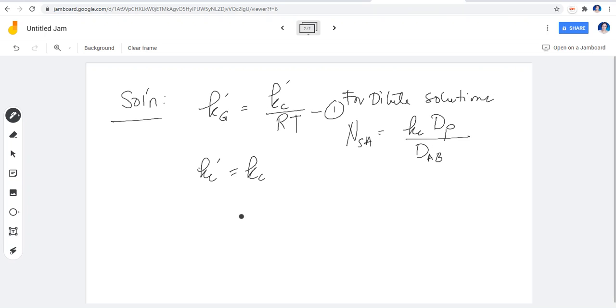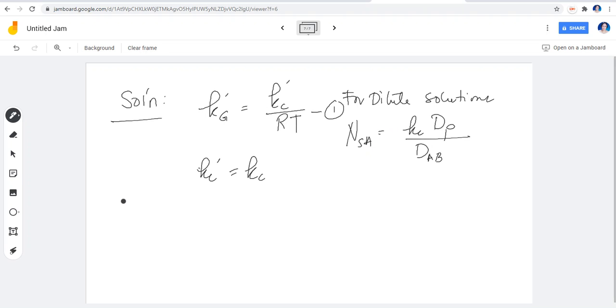Then I need to determine what Sherwood number I will equate to this particular Sherwood number expression, knowing the D sub P and the D sub AB already, because these two are given in the problem. Then I get to know the K sub C. Now from what we have read in the previous slide, we have to choose from the appropriate expressions the formula for the Sherwood number based on the value of the Reynolds number and the Schmidt number.